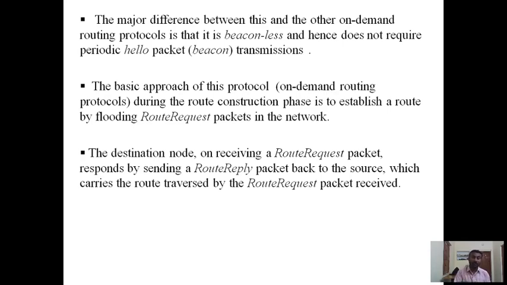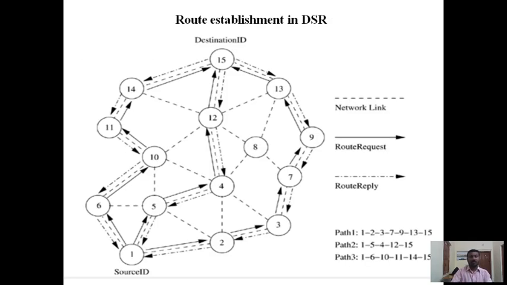In whatever path the route request packet traveled, in that same way the reply goes back to the source. So the source device flooded the route request packet, it was accepted by all the devices, but only the required destination node responds by sending a route reply message back along the same way the route request packet used. This is the route establishment diagram in dynamic source routing.